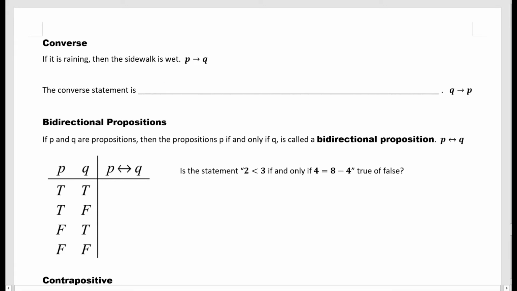So the converse statement is: the sidewalk is wet, then it is raining. Okay, so this is Q implies P.